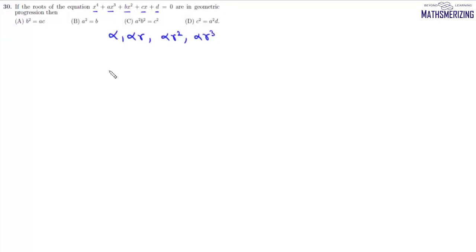Now we can find the sum of roots. Sum of roots will be alpha into 1 plus r plus r square plus r cube, and it will be equal to minus a. So from here we write a as minus alpha into 1 plus r into 1 plus r square, and that's our first equation.